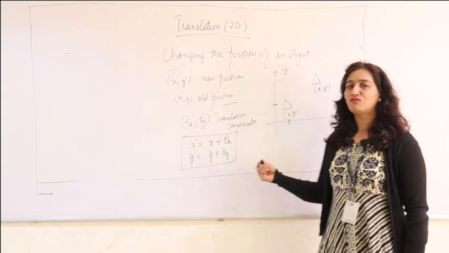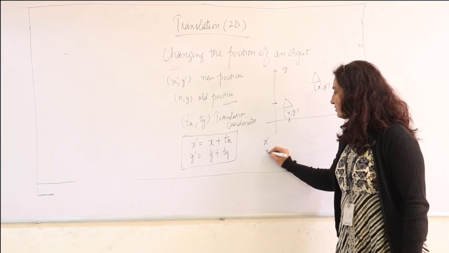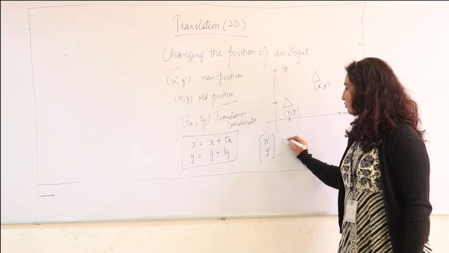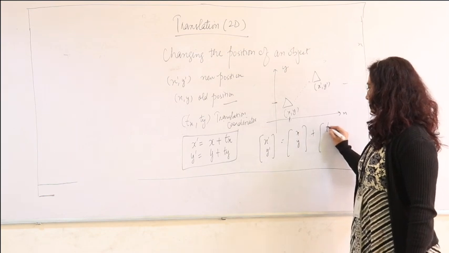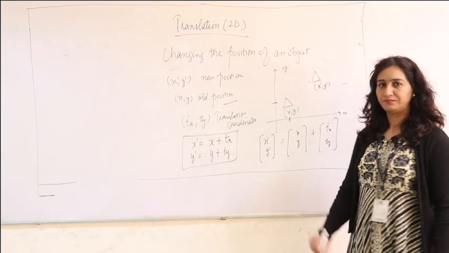In matrix form, it can be written as x dash, y dash equals x, y plus tx and ty.